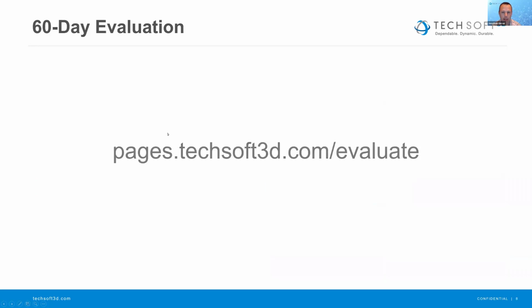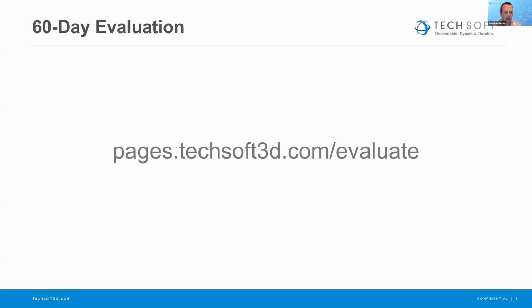So I'm going to mention this quickly. We're going to go look at some code and look at the package in a minute here. We're not going to be following along coding with me today, but if you want to do a deeper dive of the technology, we do encourage you to sign up for a 60-day evaluation of Polygonica or our other toolkits.